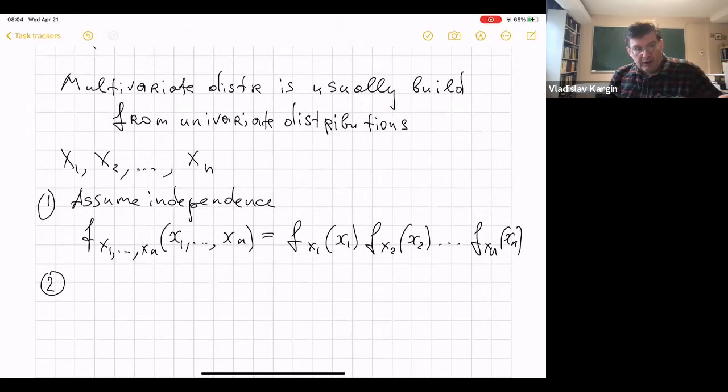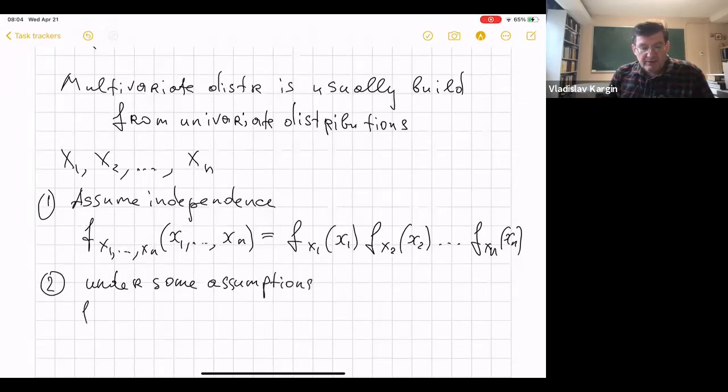Under some assumptions, which we will not specify in this course, this is just for general information, how things are usually done, you can write it as a product of conditional probabilities.